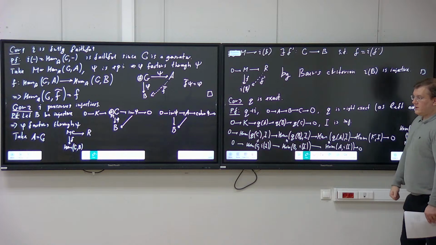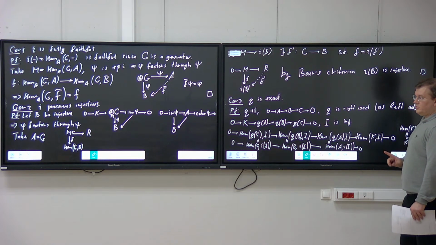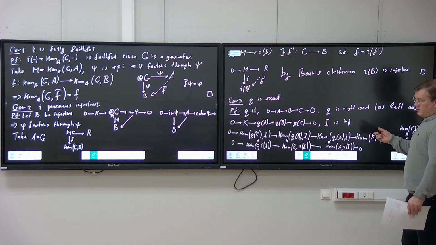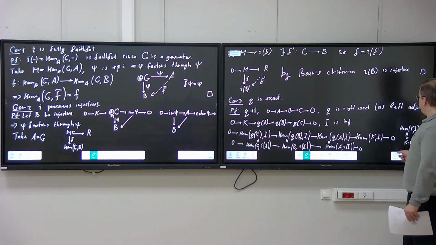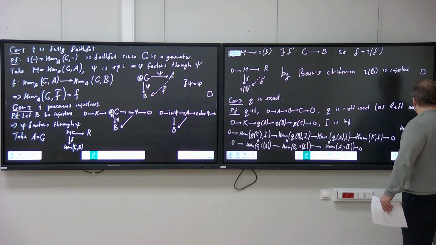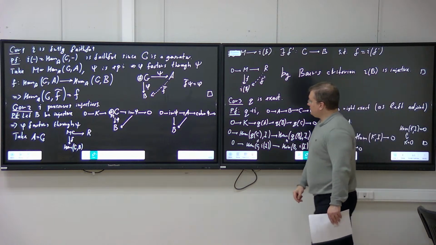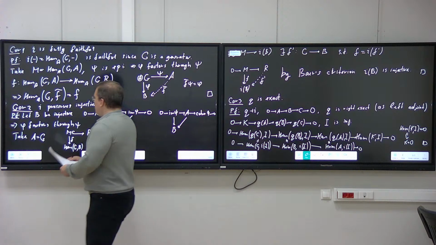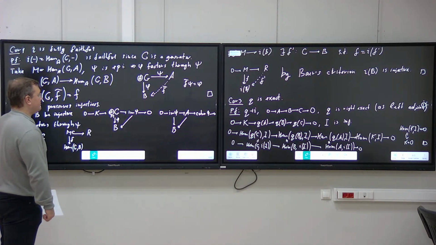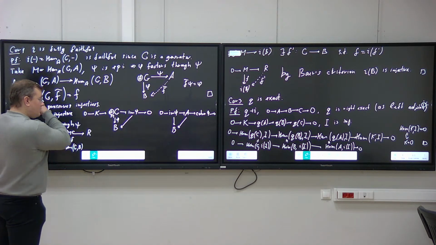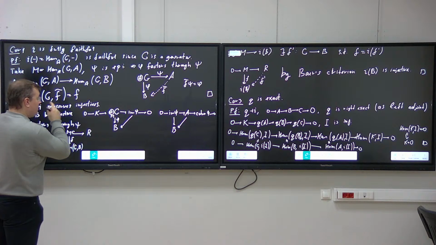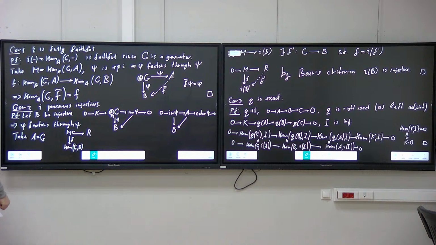Because we have a Grothendieck category, any object can be embedded into some injective object, so in particular that map has to be non-zero, and for any injective we know this Hom is 0, so that's a contradiction unless K is equal to 0. So this is just a general categorical observation that doesn't really depend on anything that I said before.